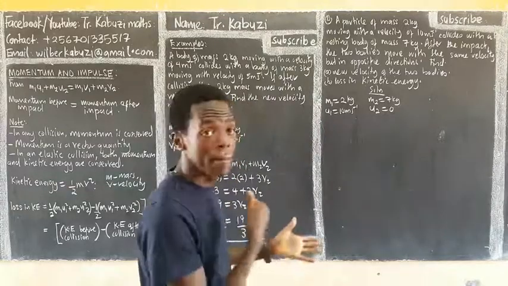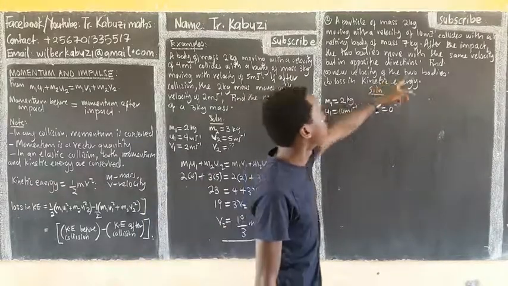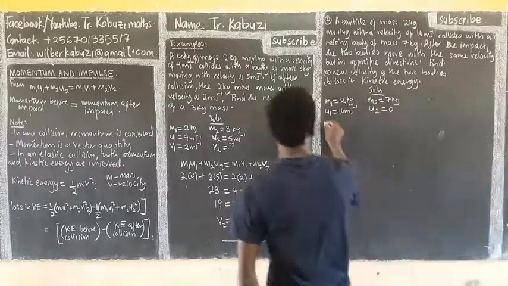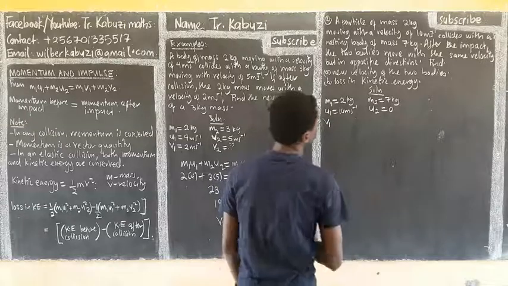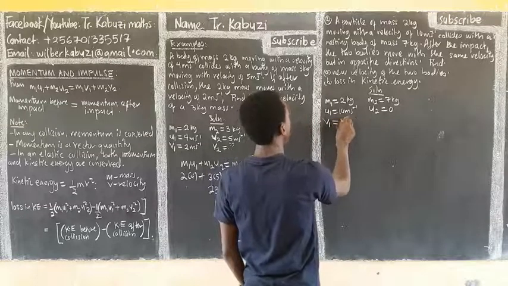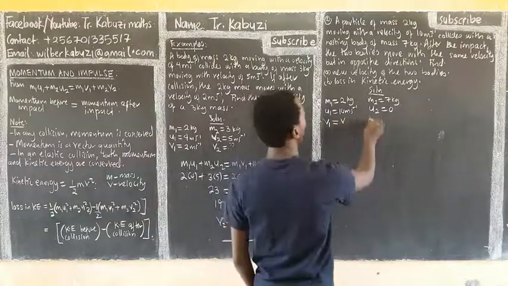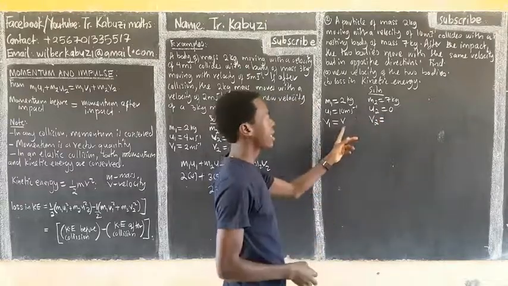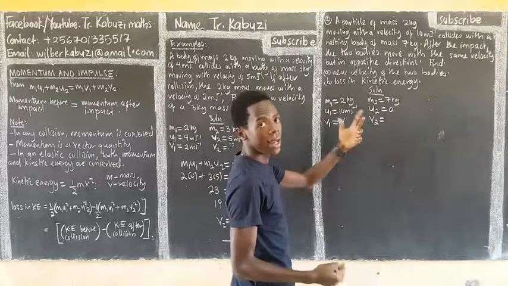After the impact, that means after the collision, the two bodies move with the same velocity but in opposite directions. So the new velocity for this one is going to be the same, but because they are in opposite directions, you can indicate whether this is negative or this is negative, any you take.